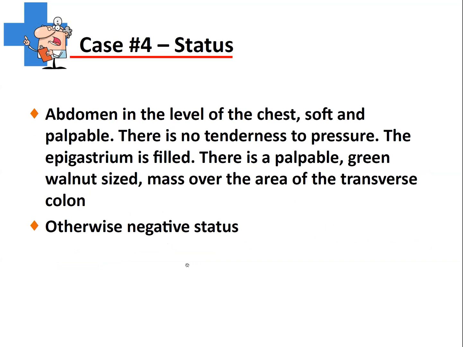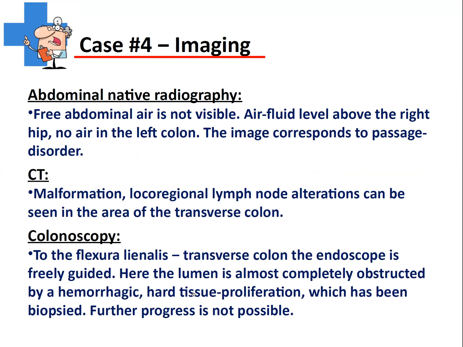The abdomen is at the level of the chest, soft and palpable. There is no tenderness to pressure. The epigastrium is full. There is a palpable green walnut-sized mass over the area of the transverse colon. Otherwise it is negative. On imaging, the abdominal radiograph was negative, so there was nothing.